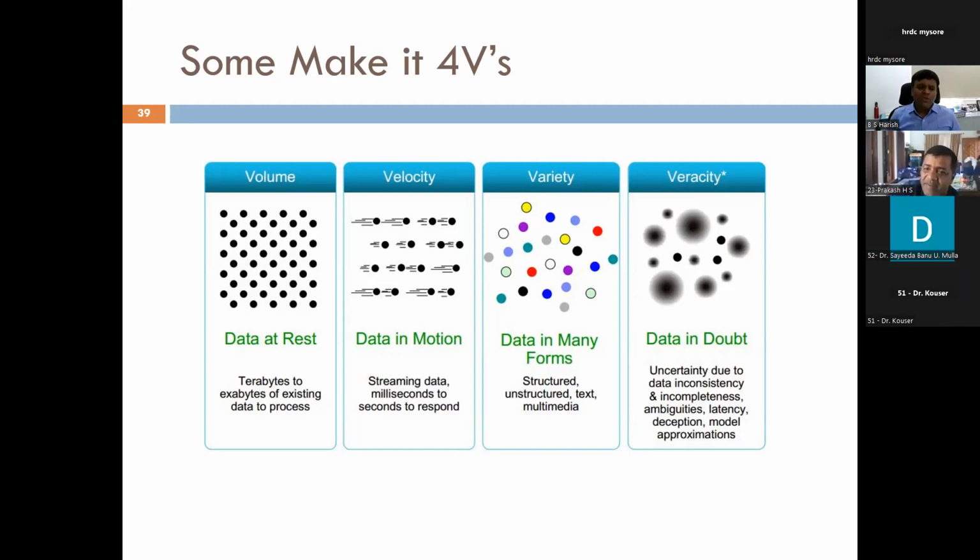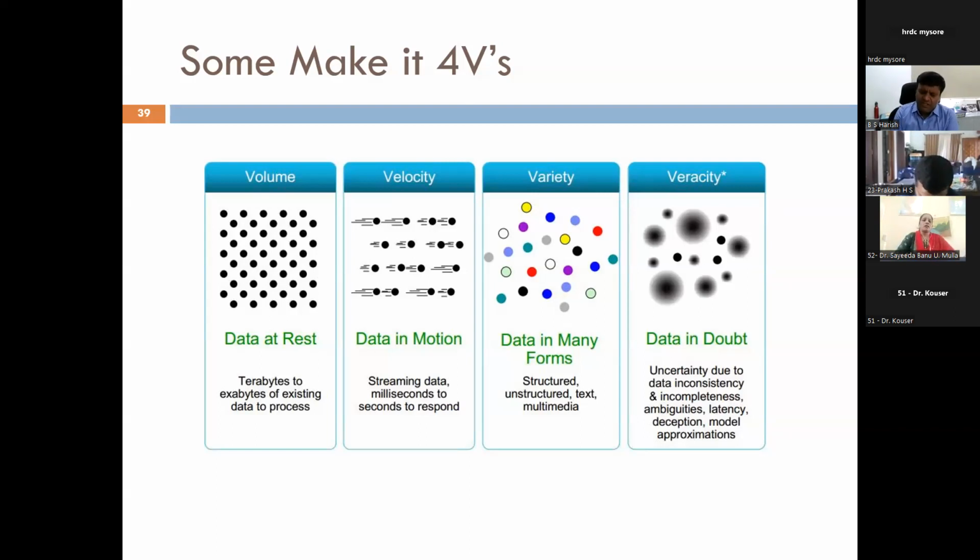In most cases, they cannot come at sharp 1 o'clock. So there is an ambiguity. He can come at 3 o'clock or at 7 o'clock in the evening, but there could be a high possibility that he can come at 1:30 only. That particular piece of data is called the veracity of data.